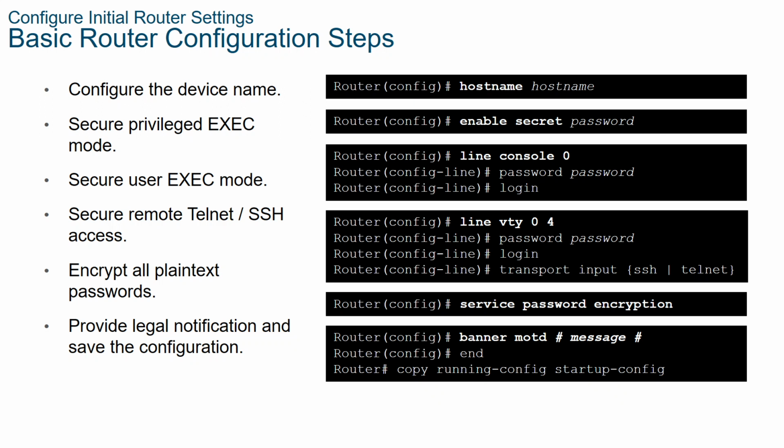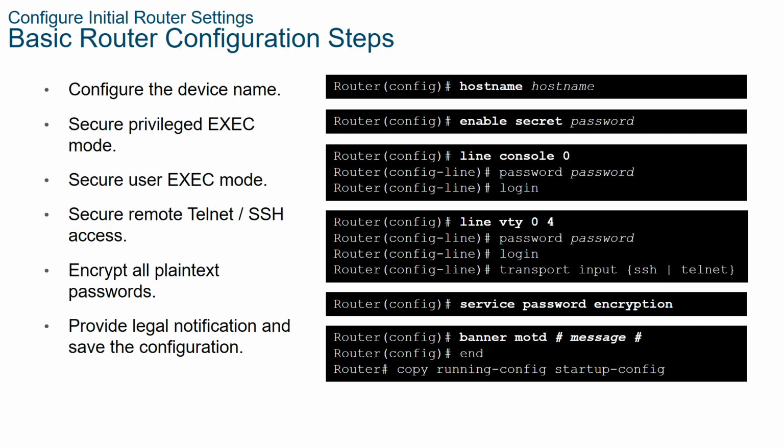Secure remote telnet and SSH access. That's configured with the line vty 0 4 command, which gets us to the configuration settings for the virtual terminal connections into our router.